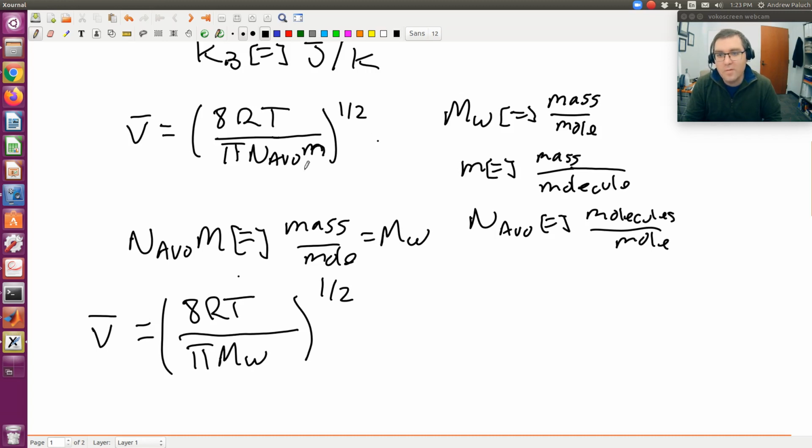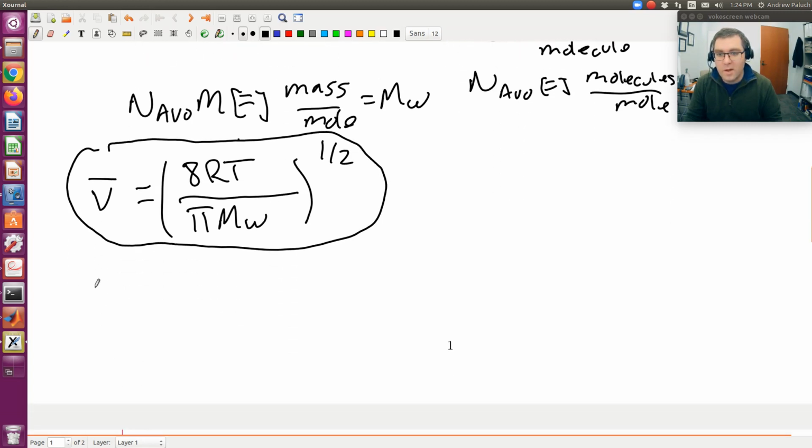Here, if I'm thinking of everything in SI units, mass would have units of kilograms, and my molecular weight's grams per mole, so I'll end up dividing by 1,000. I'm not going to explicitly write it in here; when we start to write out the units, we'll see it all come together. So the first thing I'm going to do is simplify my equation as such.